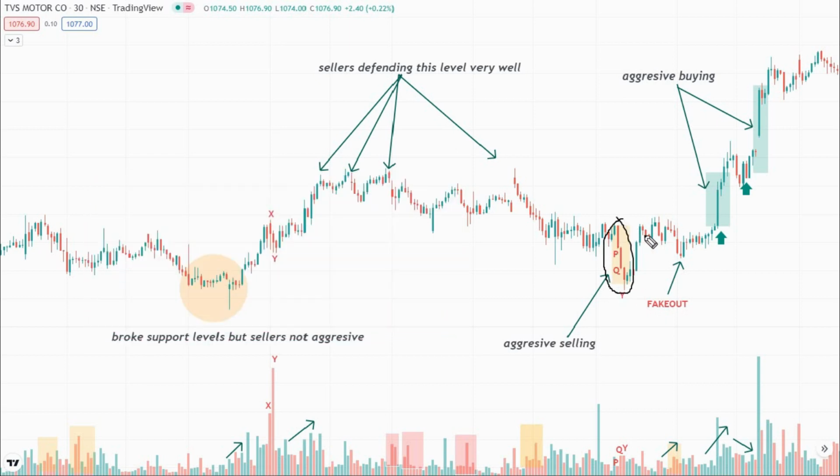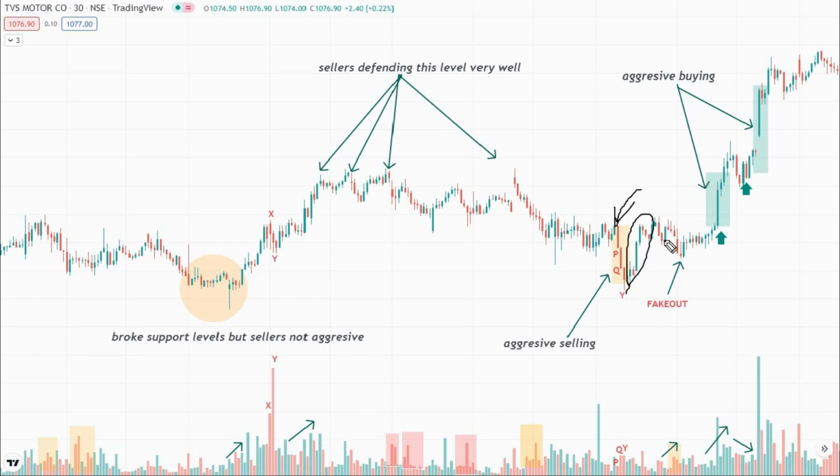Okay, then after this strong buying pressure, again sellers tried to push the prices towards the downside, and again we see a price and volume divergence. Volumes have increased, but the spreads are getting narrower. So this is very important. After this strong selling pressure, we are seeing a strong buying pressure which absorbed all this selling.